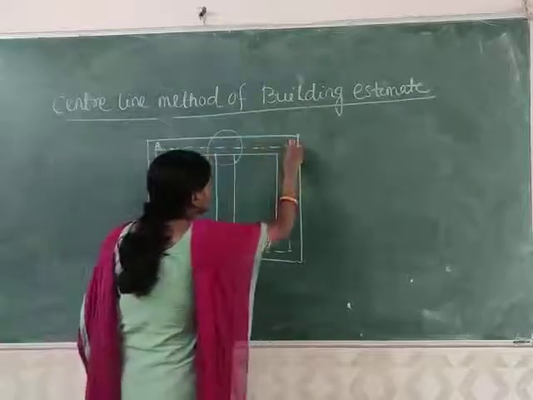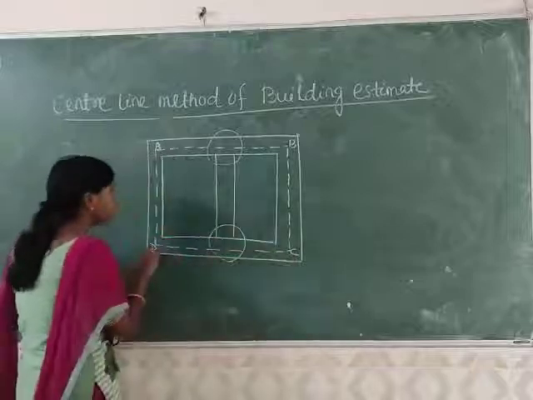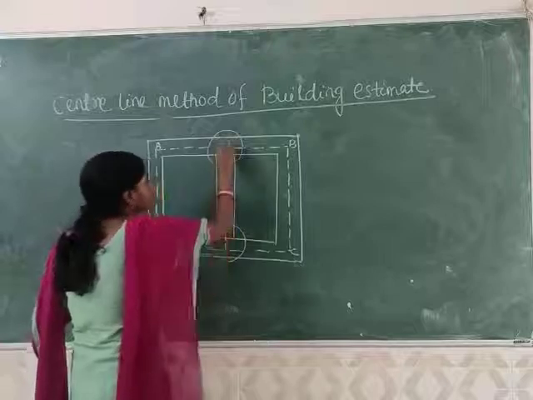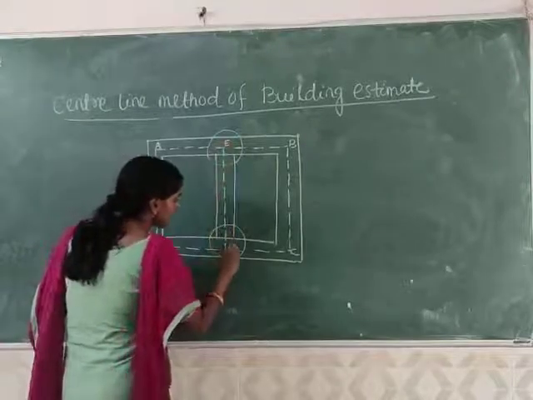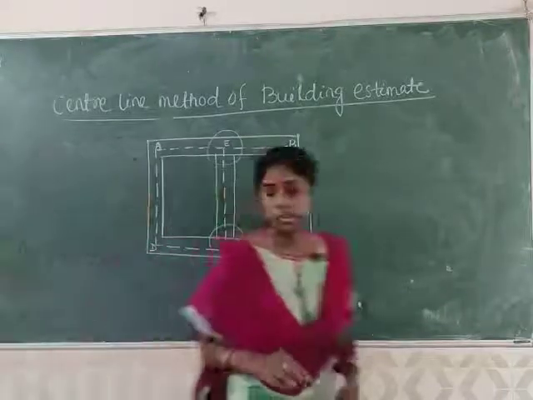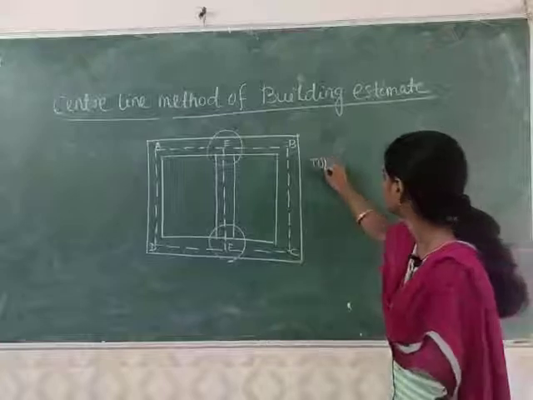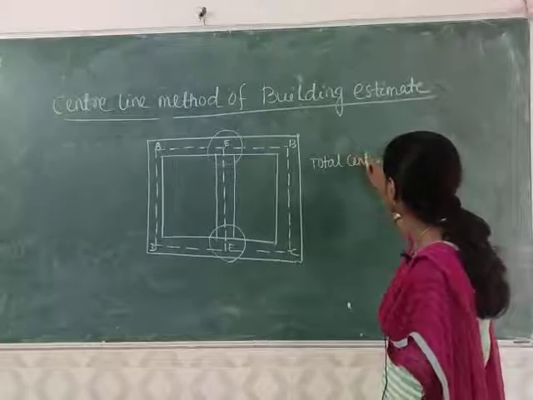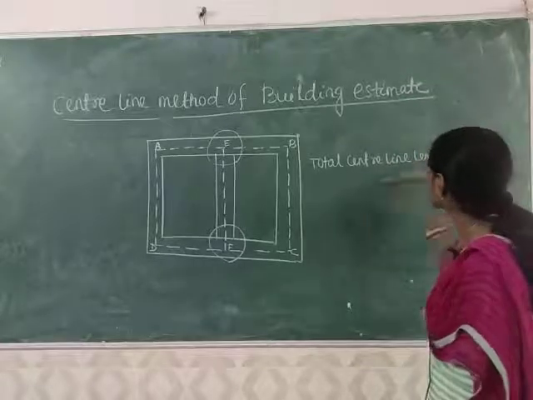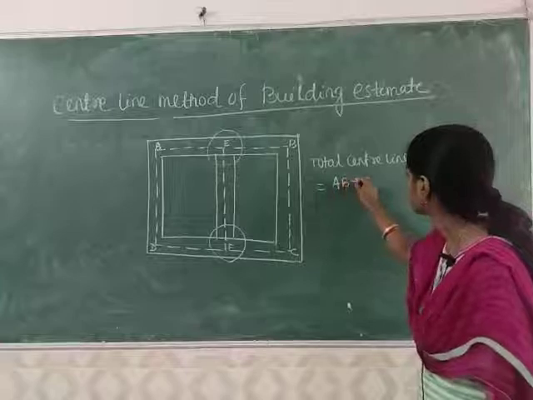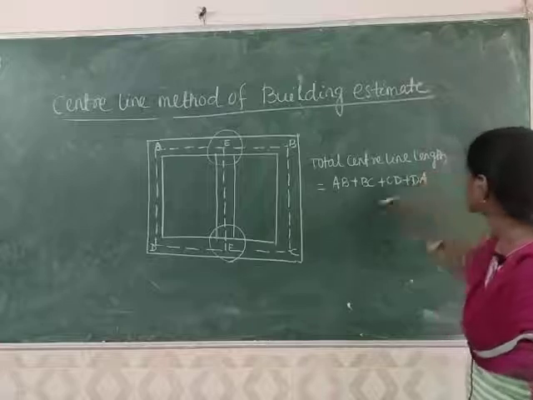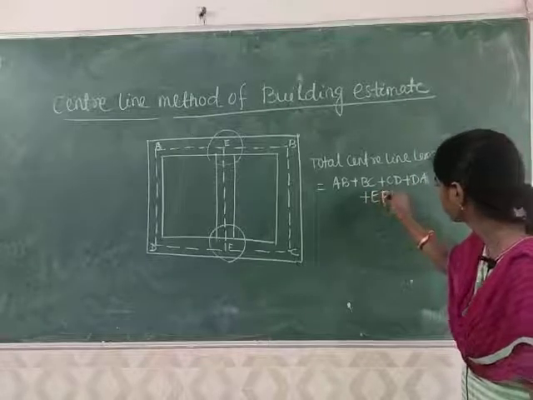So, this will be AB, BC, CD, DA and this is an additional one, denoted as E and F. So, the total center line length will be AB plus BC plus CD plus DA plus EF.